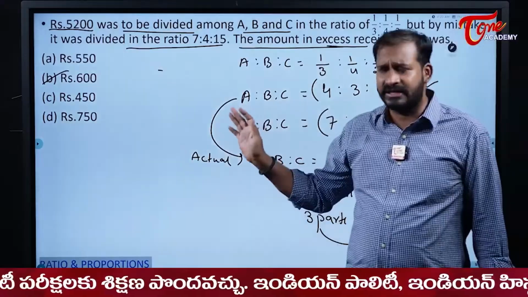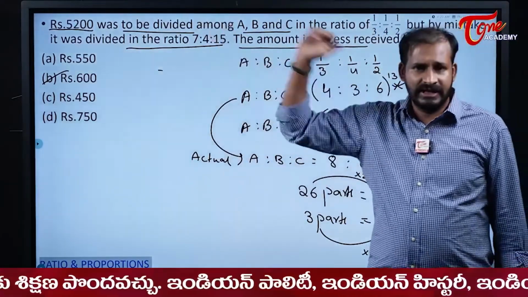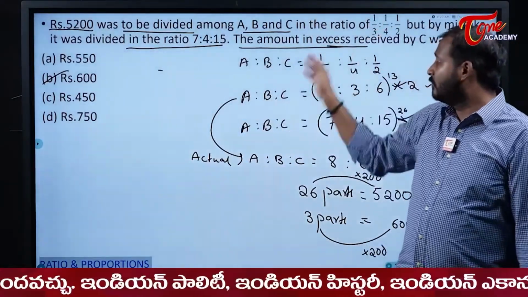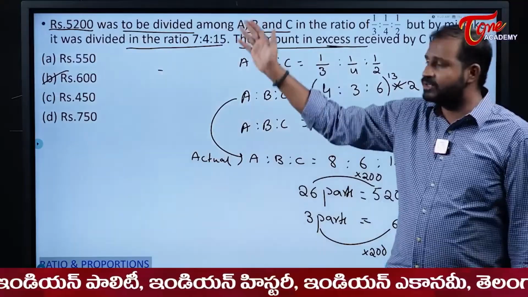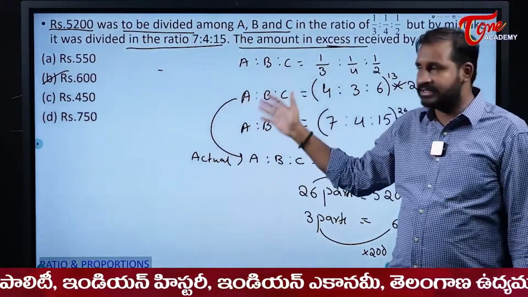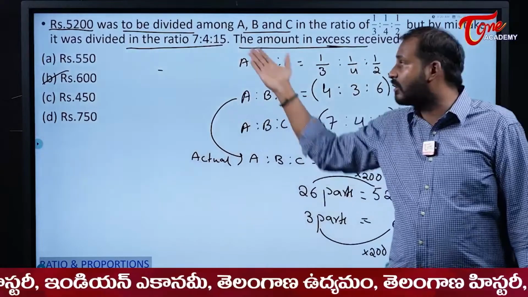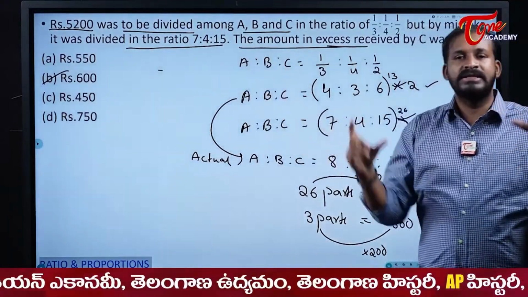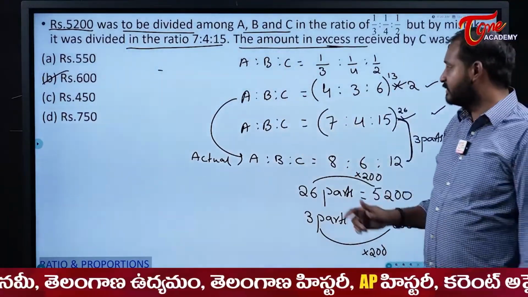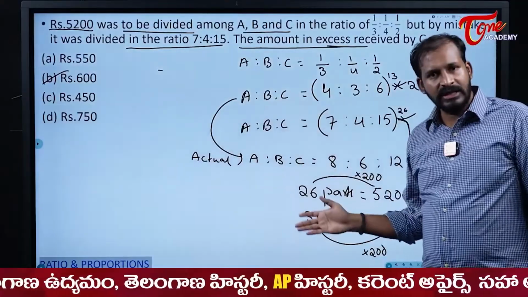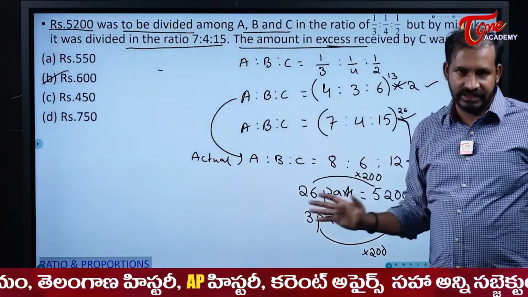If you go with the traditional method, first of all you should divide the amount in the same ratio. In 4:3:6, what amounts will you get? You need to calculate for A, B and C, and similarly calculate for A, B and C with the wrong calculation, and then compare the C amounts here and here. Like that you need to do, but if you know the shortcut, you can get the answer very easily.